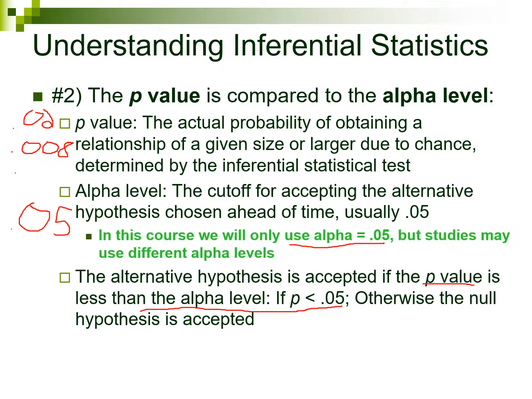If SPSS tells you that the p-value is 0.3 or that the p-value is 0.71, then you would accept the null hypothesis, because in these last two cases, the p-value would be greater than 0.05. So again, one more time, if the p-value is less than 0.05, you would accept the alternative hypothesis. Otherwise, if it's greater than 0.05, accept the null hypothesis.